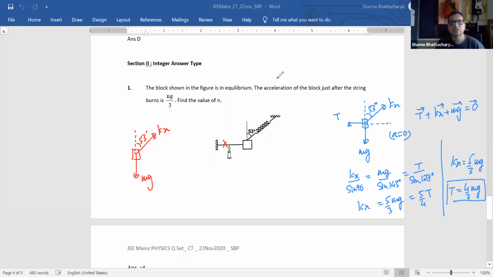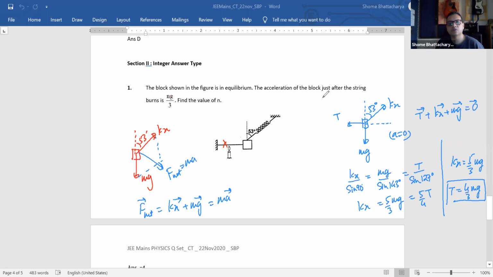Okay. So now there is a net force acting on it, which is the vector sum of these two. This net force should become equal to mass into acceleration. So this net force is the vector sum of kx plus mg, and that is equal to mass into acceleration.